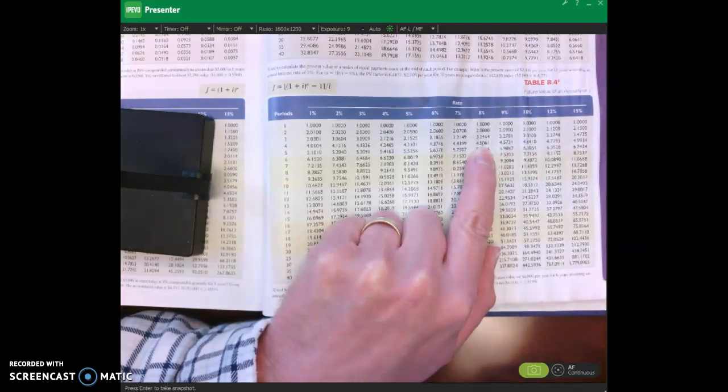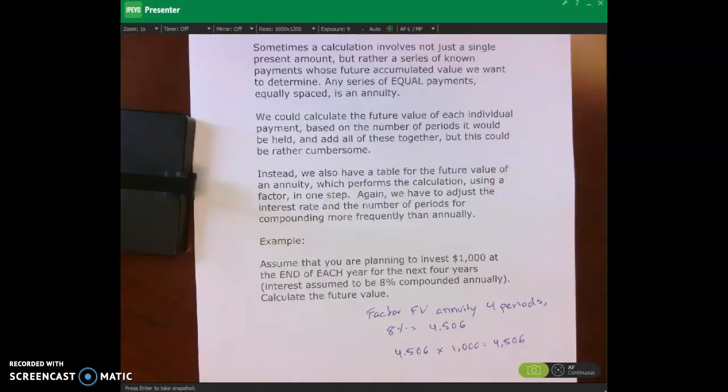And then we multiply that factor times our annuity amount to then get our future value. So as I was saying, we take our factor from the future value annuity table, 4 periods, 8%. I just showed you that, 4.506. We then multiply that factor times the annuity amount to derive the future value of this annuity.